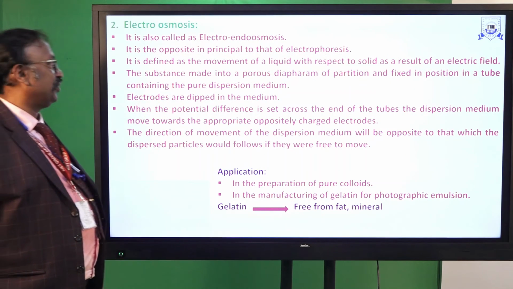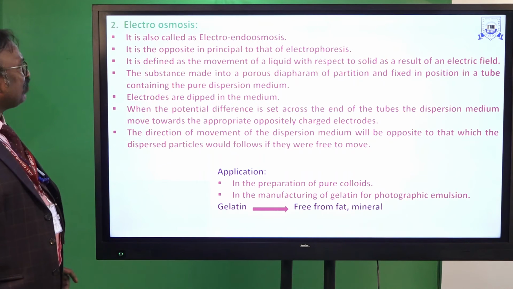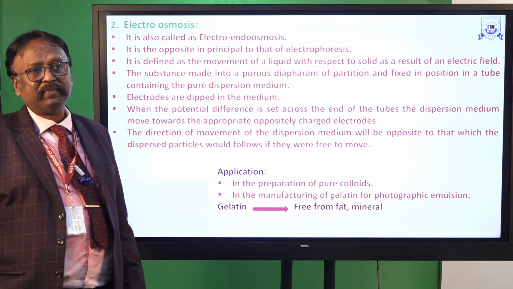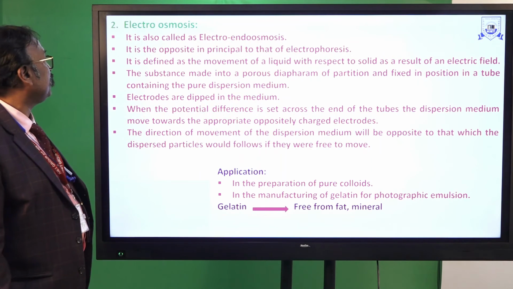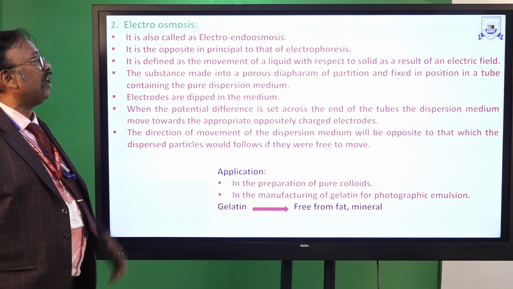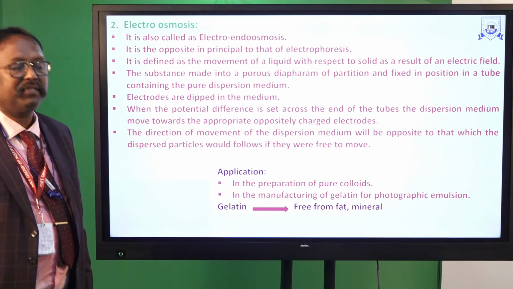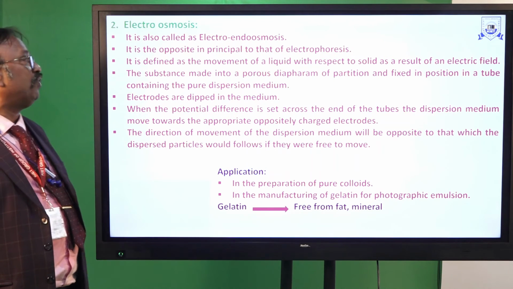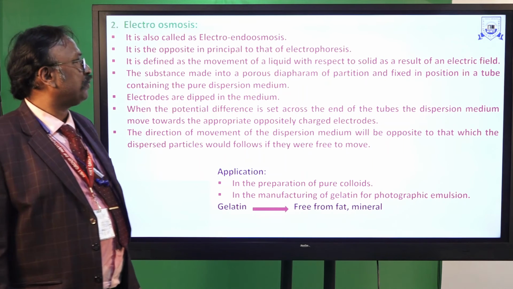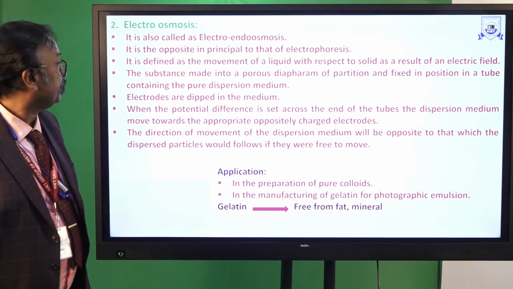And electroosmosis. Electroosmosis is also called electroendosmosis. It is the totally opposite principle of electrophoresis. It is defined as the movement of a liquid with respect to a solid as a result of an electric field.